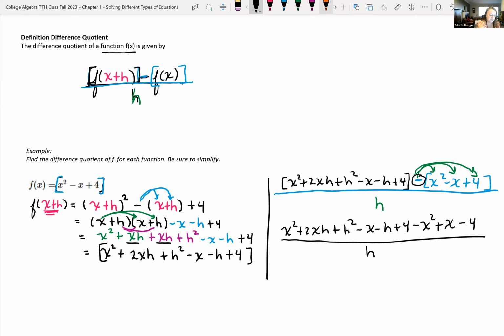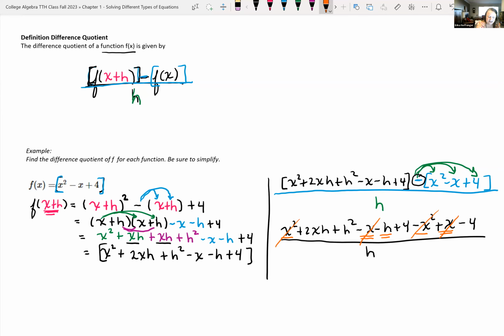So looking at this, we have multiple like terms. We have an x squared minus an x squared, so those cancel each other out. We have a negative x plus an x, so those cancel each other out.